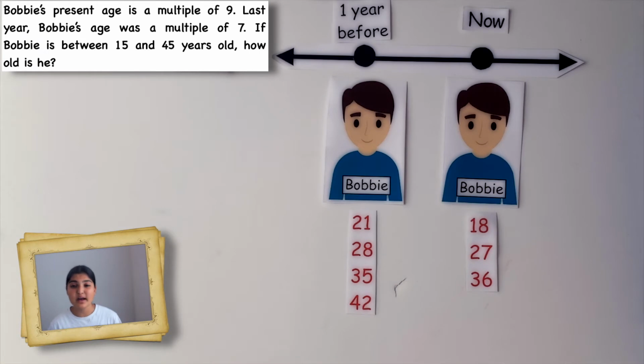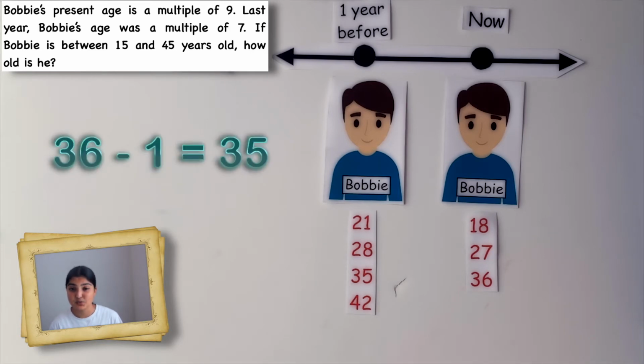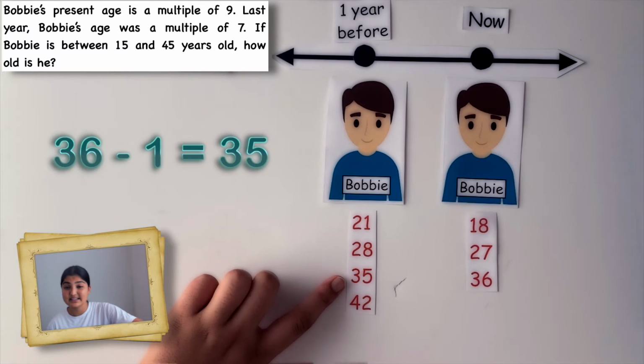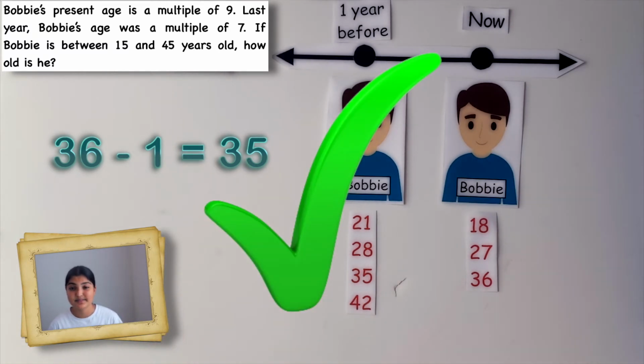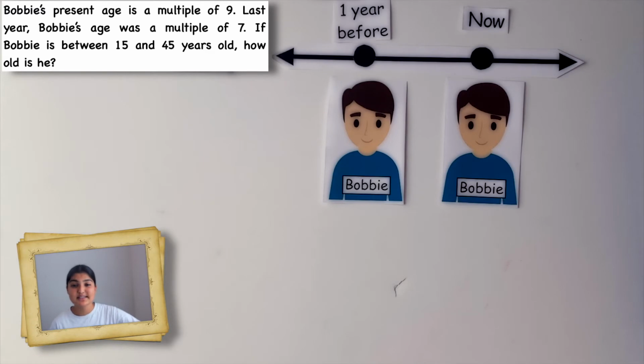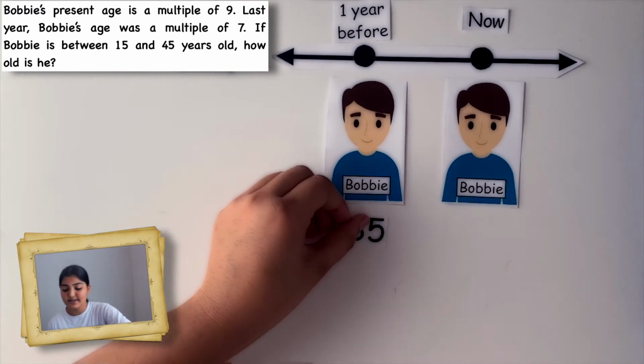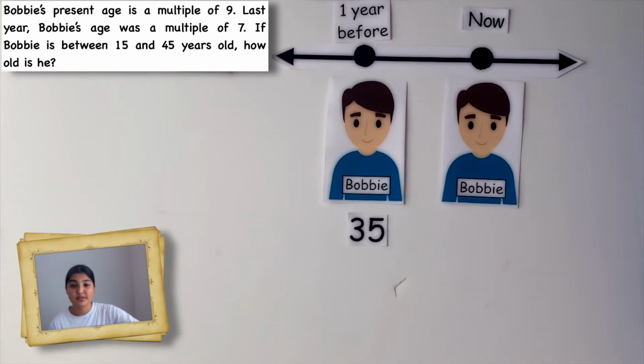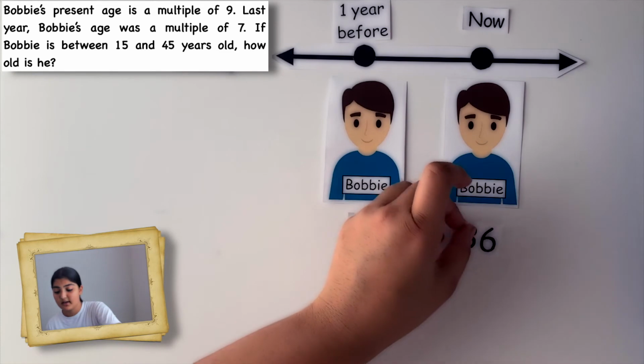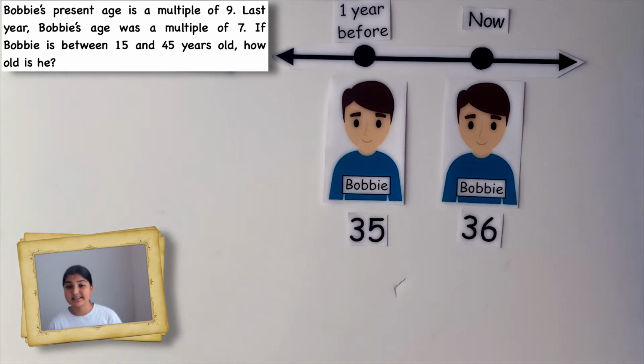Finally, what if Bobbie is 36 years old? 36 minus 1 is 35. This works. So this tells us that Bobbie was 35 years old last year and is now 36 years old.